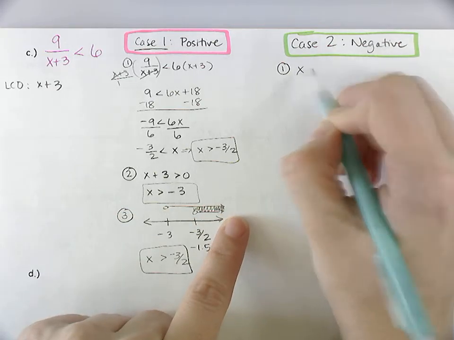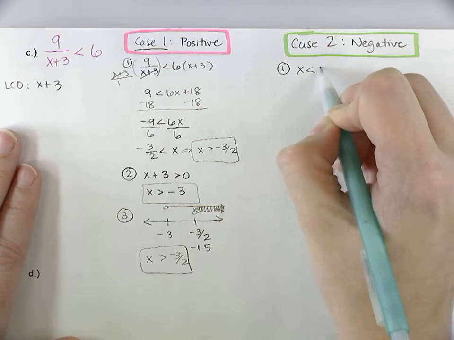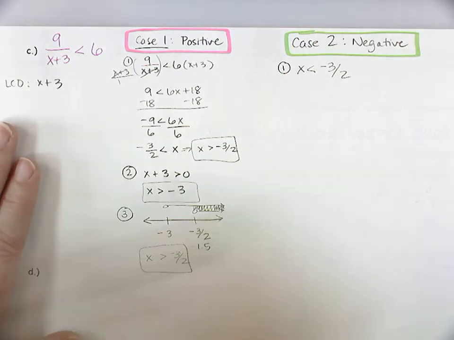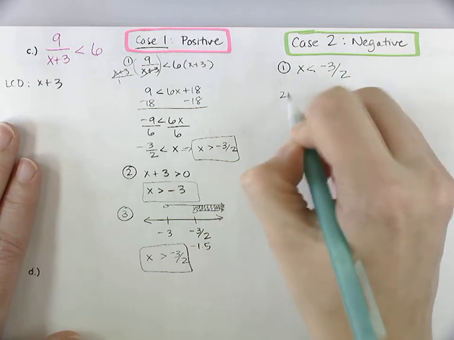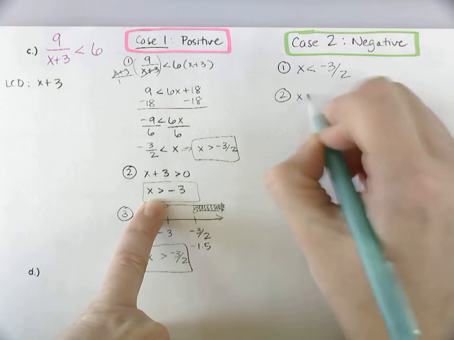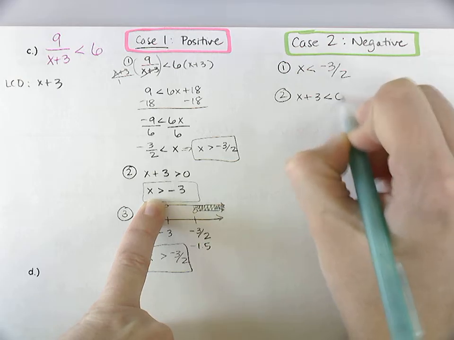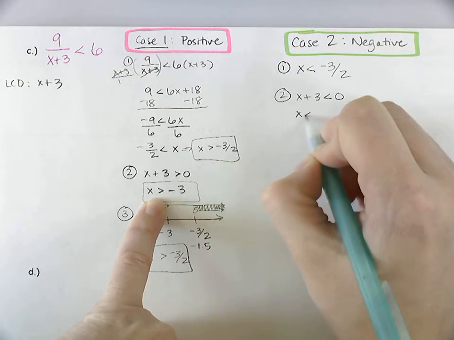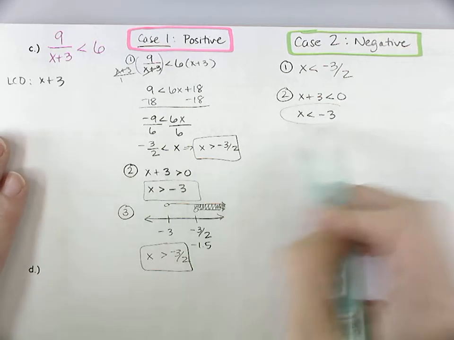X is less than negative 3 over 2. Yep. So we're just going to flip that part. And then for step 2, that's going to flip as well, right? So now we're going to have x is less than negative 3.